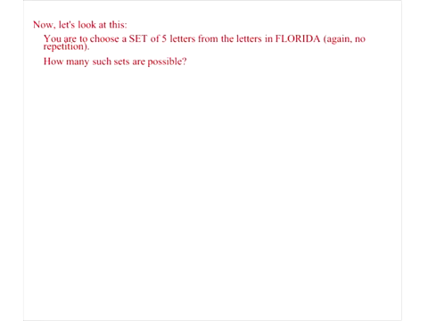You are now to choose a set of, rather than just 5 consonants, 3 consonants and 2 vowels. Set of 3 consonants and 2 vowels. And again, no repetition. How many such sets are possible?